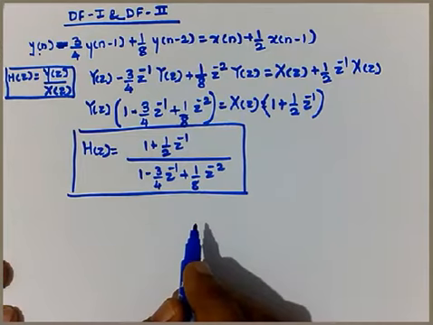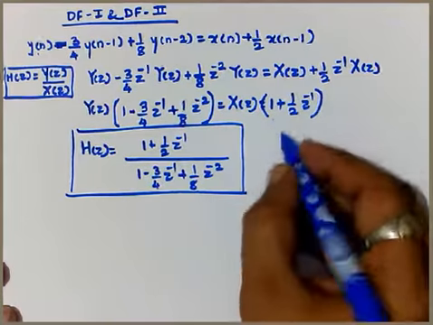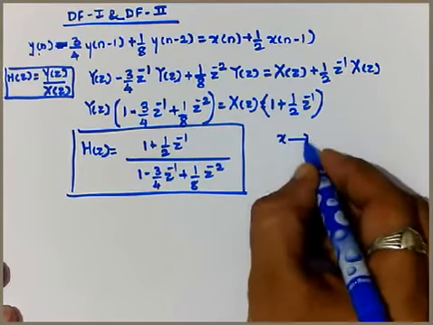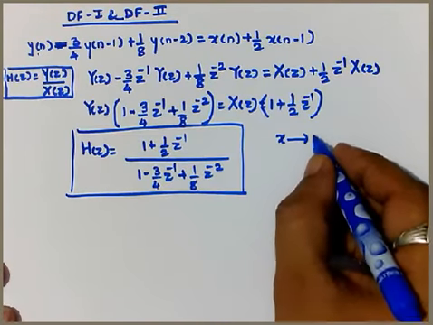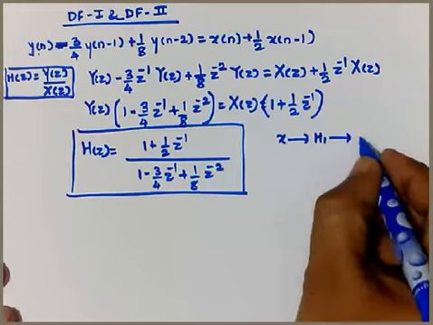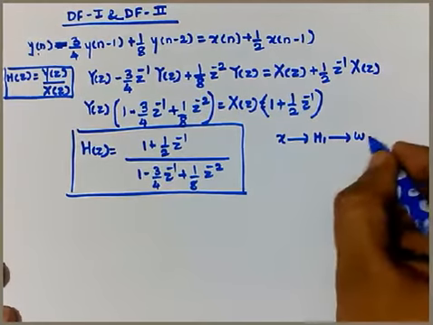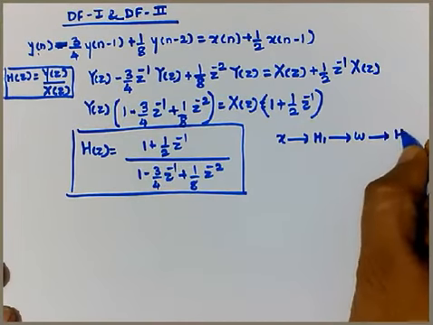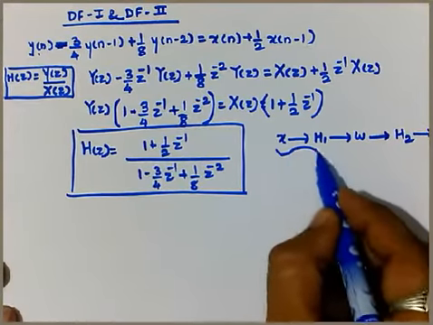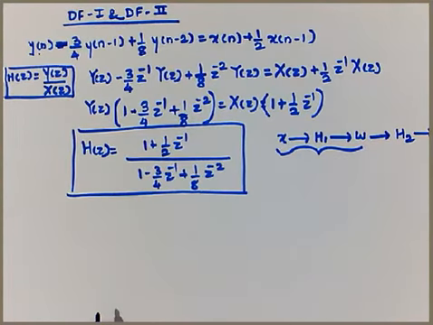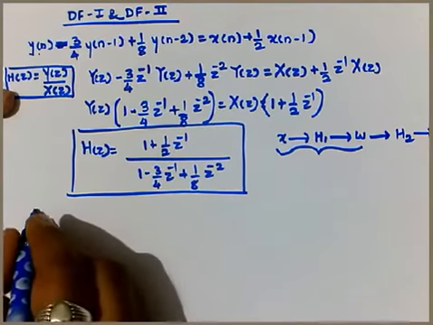Now as this H of z will indicate the factors, firstly we decide for H1, which will be nothing but W by X, then for H2, which is Y by W. Now let's obtain this part. So for this part, H1 of z is what?